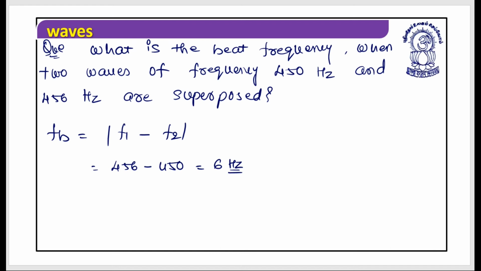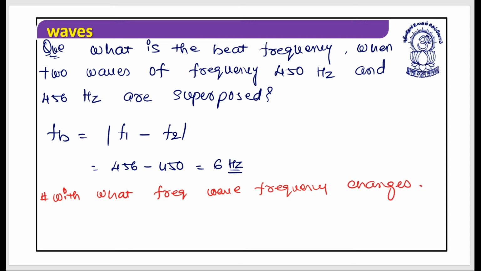Now let's suppose I have been given: with what frequency does the wave frequency change? So that could be given as (f1 plus f2) divided by 2, and this is (456 plus 450) divided by 2.